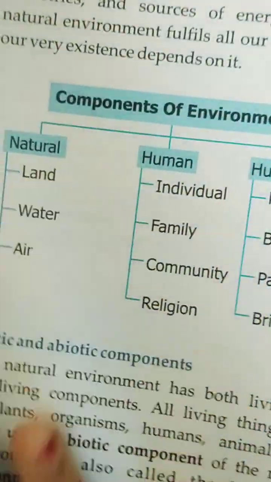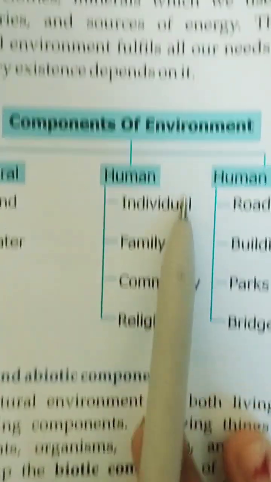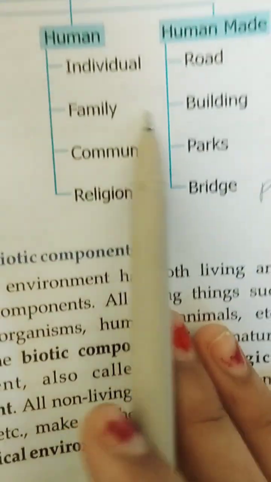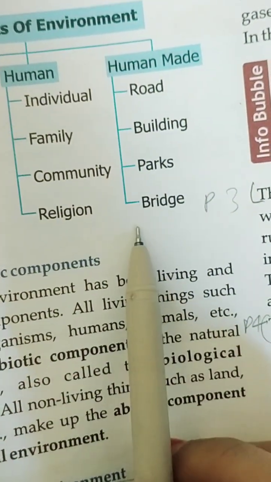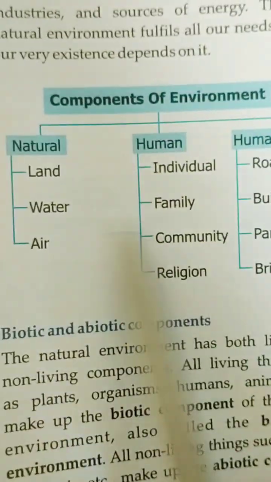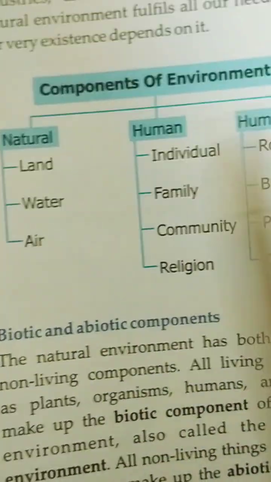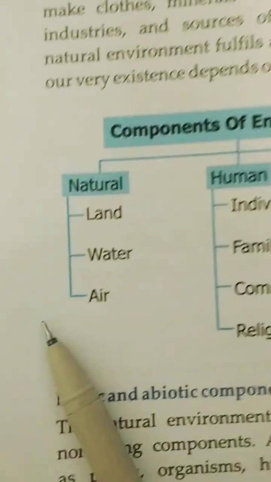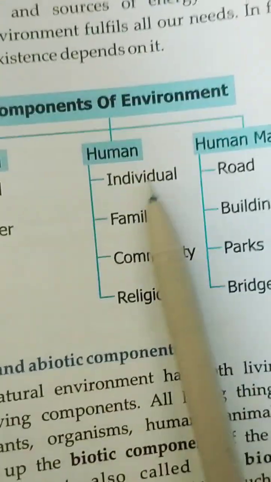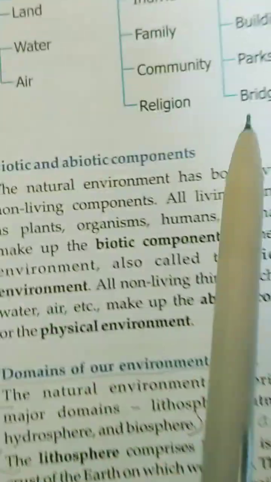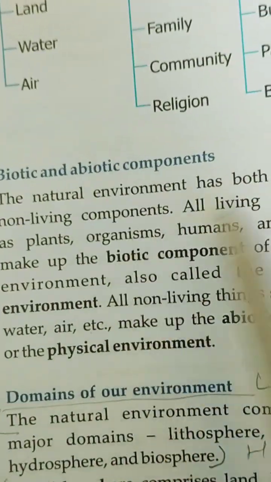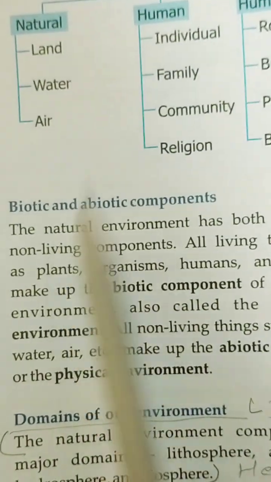Like this chart of environment, here these are non-living things, right? But these are living things, right? Human is a living thing, so it comprises both. In this, it is also divided into biotic and abiotic.